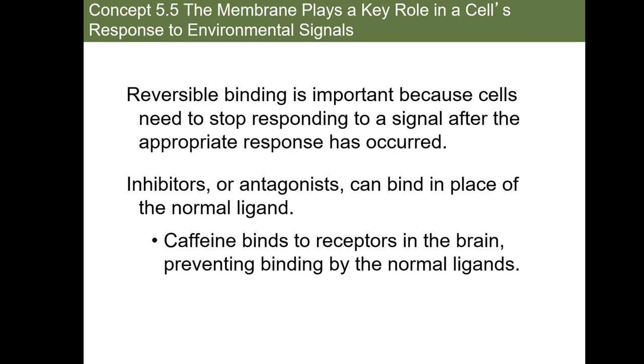Caffeine binds to receptors in the brain, preventing binding of the normal ligands. So normally adenine would bind, but caffeine has a very similar structure, except it has other stuff on the end of it. So they both fit the binding site.